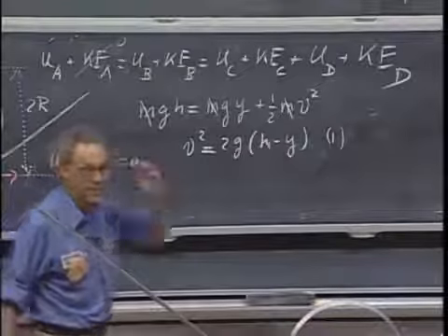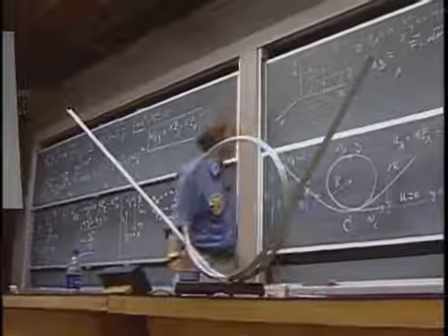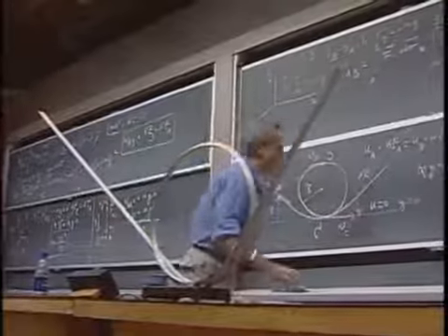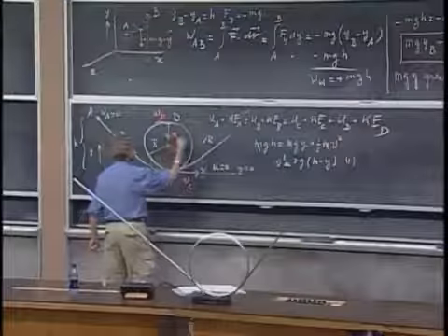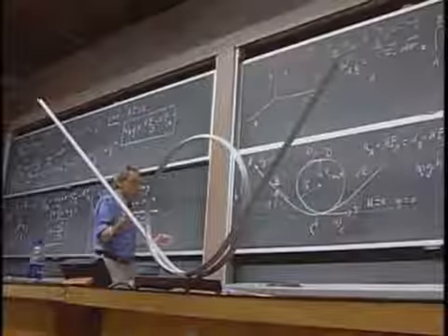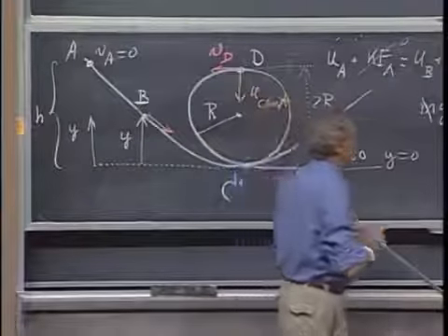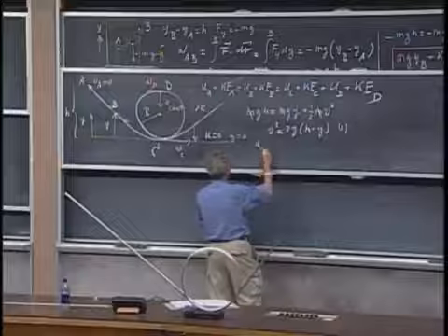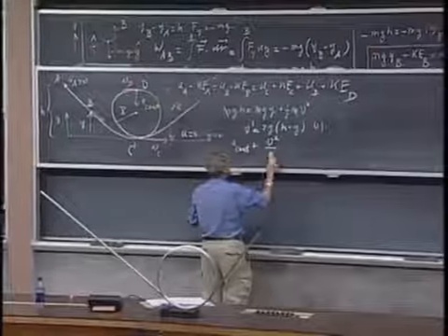However, at point D, there is something very important. There is a requirement that there is a centripetal acceleration, which is in this direction, and that centripetal acceleration is a must for this object to reach that point D. And that centripetal acceleration, as we remember from when we played with the bucket of water, is v squared divided by r.